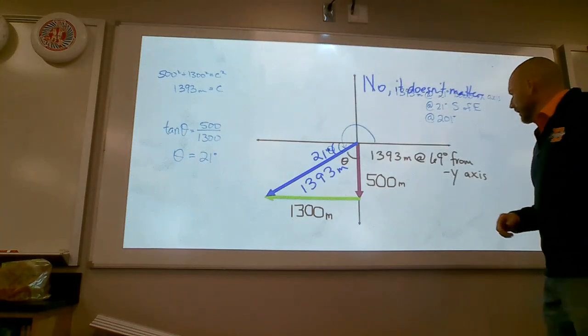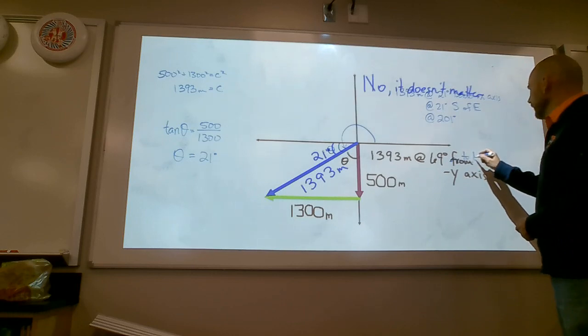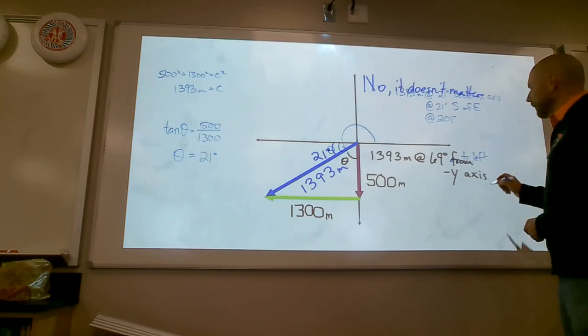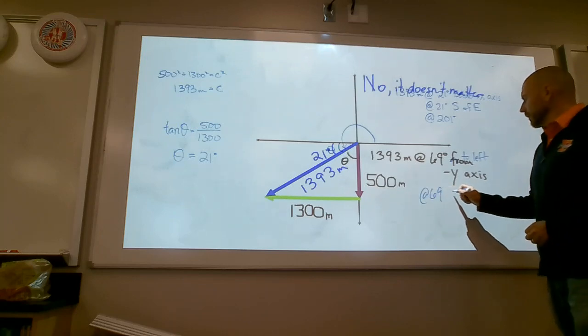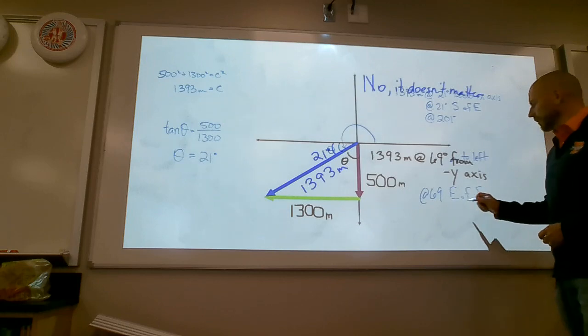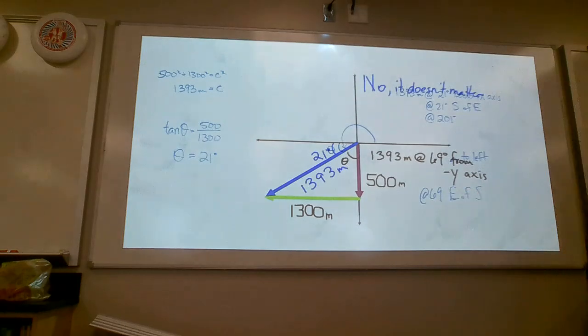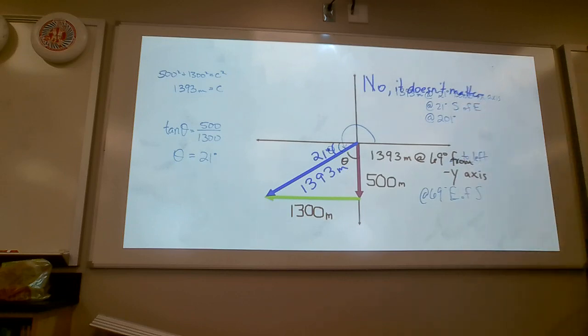So you could say 69 degrees to the left of the negative y-axis, or you could say at 69 degrees east of south. So all 5 of those are correct, valid, acceptable. Good with that?